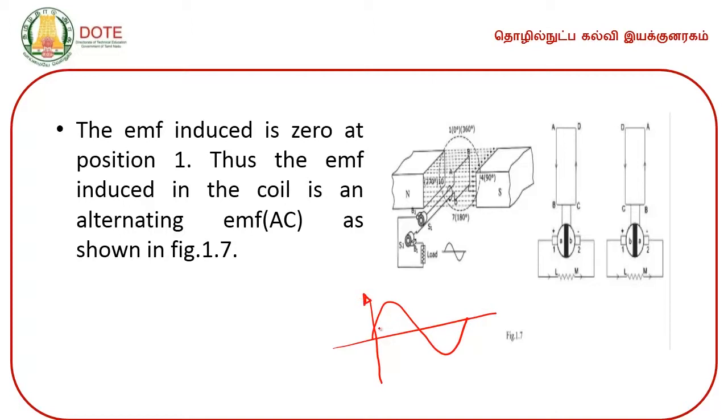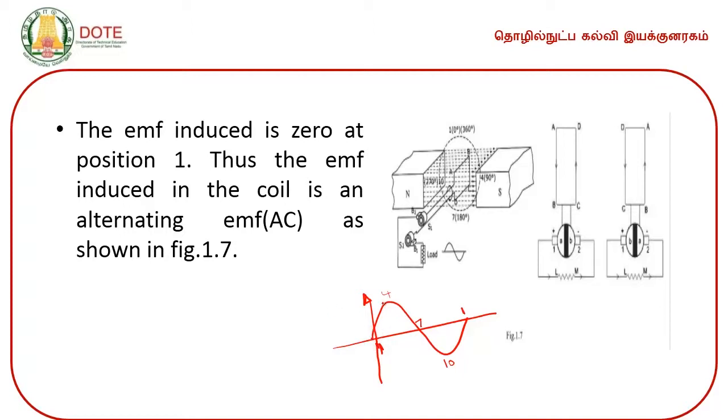right. So, this is position 1, this is 4, this is position 7, position 10 and again position 1. So, when the coil is at position 1, the EMF is 0, we have seen that.